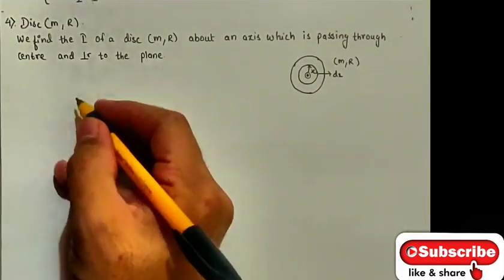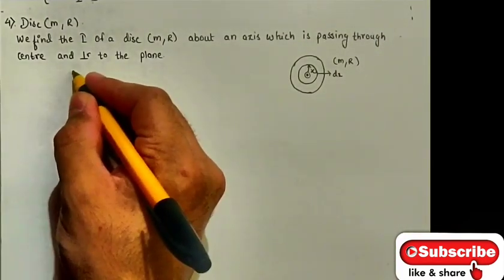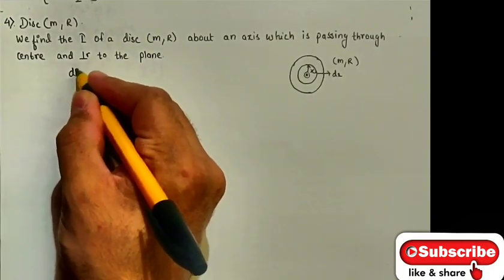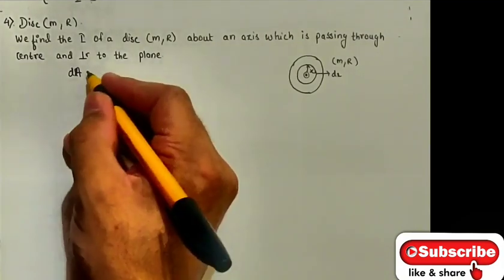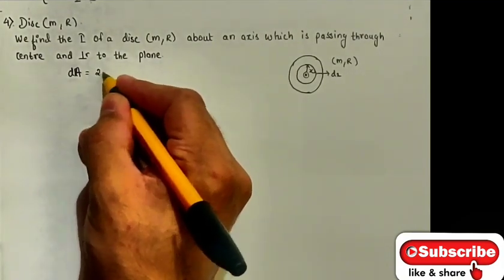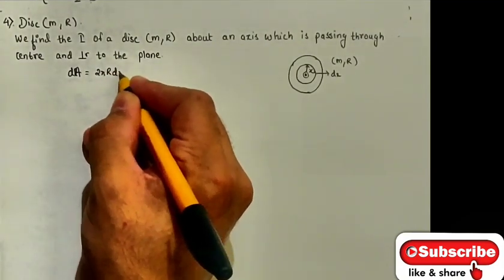In this case we have area, so we take the areal mass density. Here dA equals 2 pi x into dx.